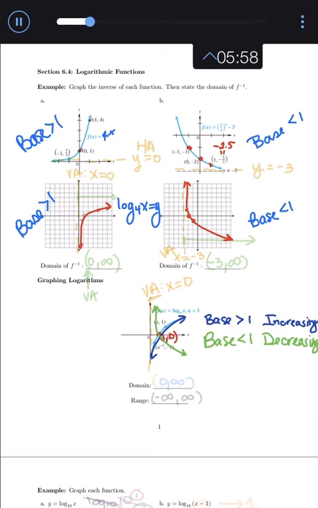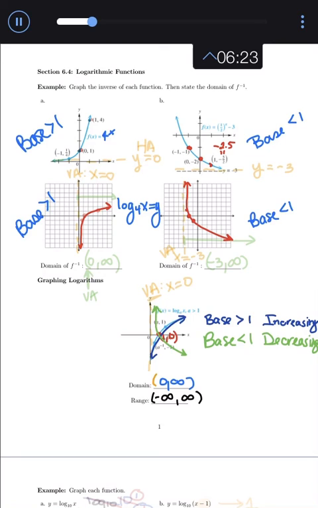Either way, though, the domain is going to be 0 to infinity, where you cannot include 0 because it is a vertical asymptote. So we'll leave that as a parenthesis. However, the range is negative infinity to infinity because it does go up and down forever.